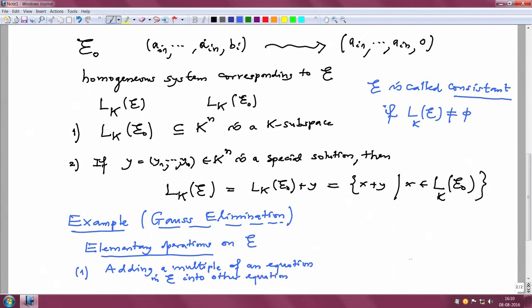So this means typically I will multiply jth equation, that is we are writing it Gj, by a scalar A and add it to the ith equation.